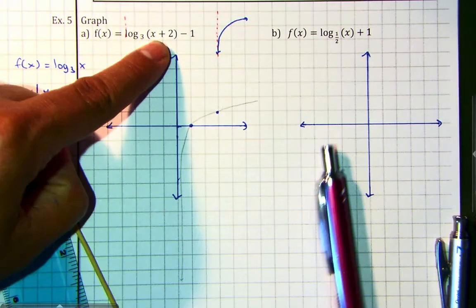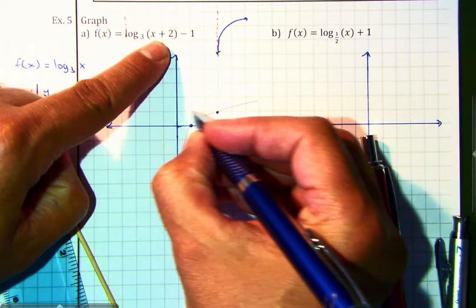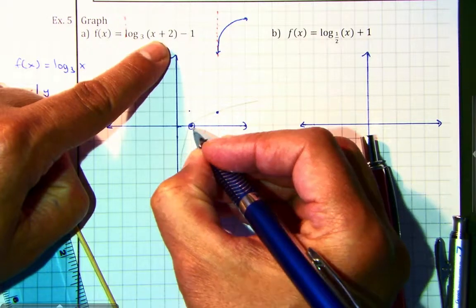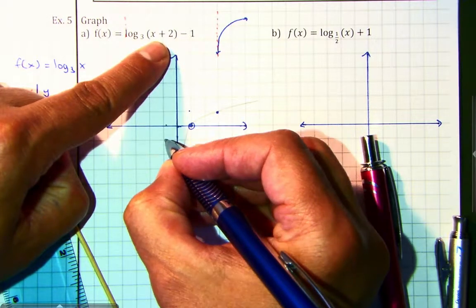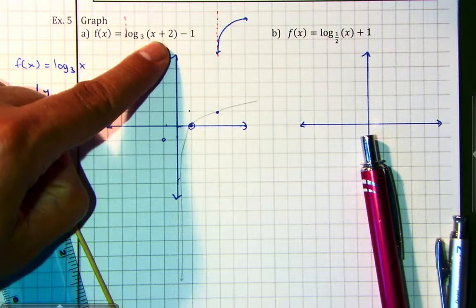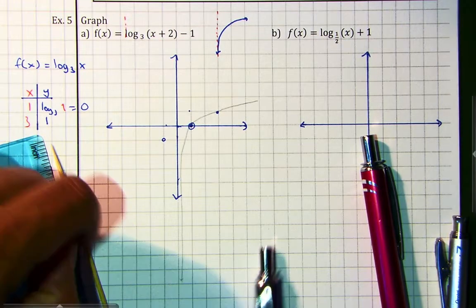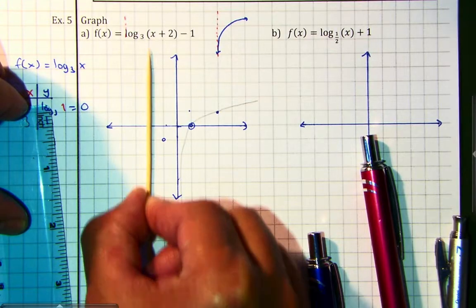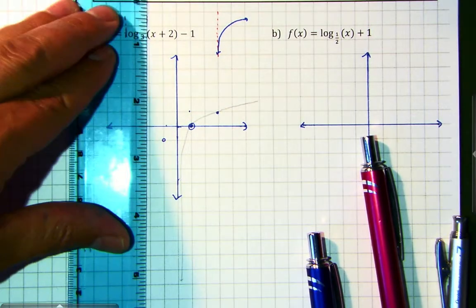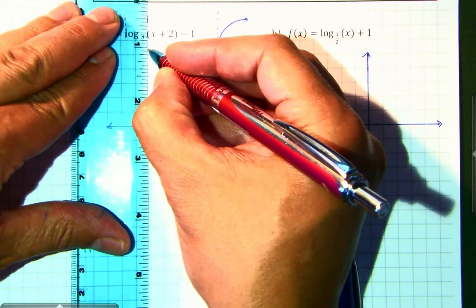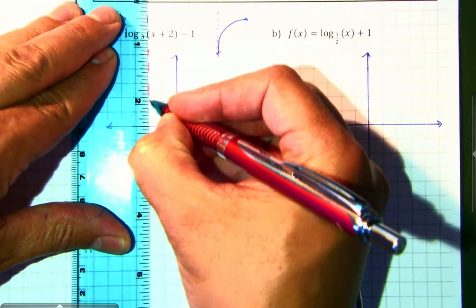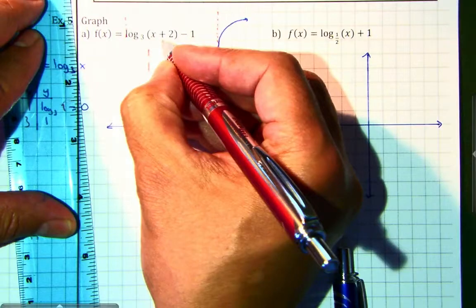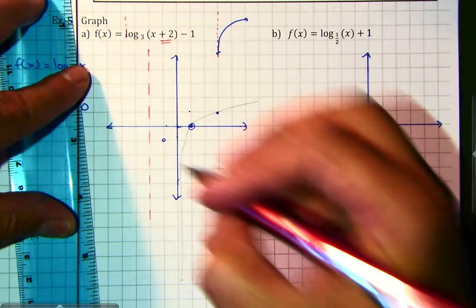Each point will be shifted to the left 2 and down 1. This one to the left 2, and down 1. My asymptote got shifted to the left 2 and down 1. So therefore, your asymptote will now be your h, x equal to negative 2.